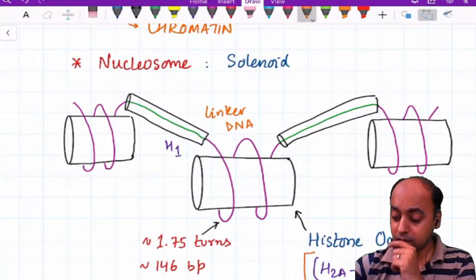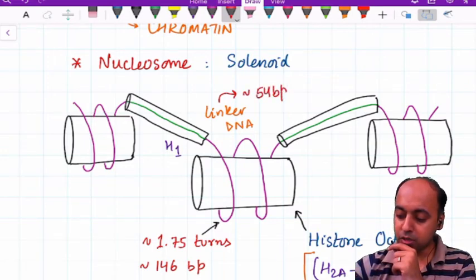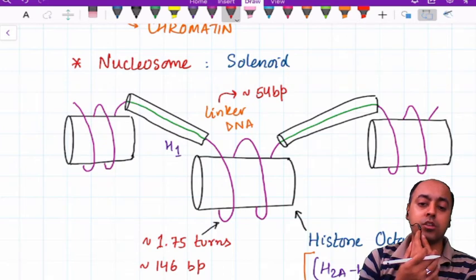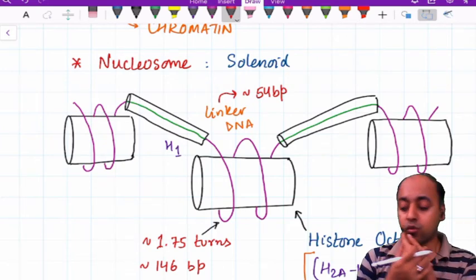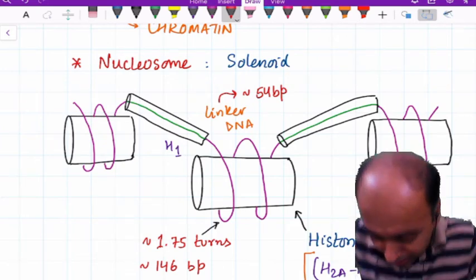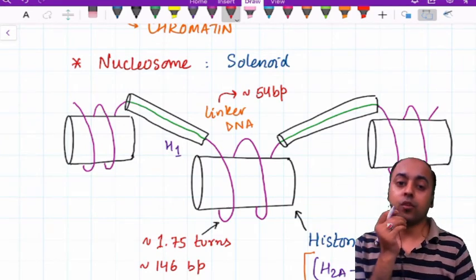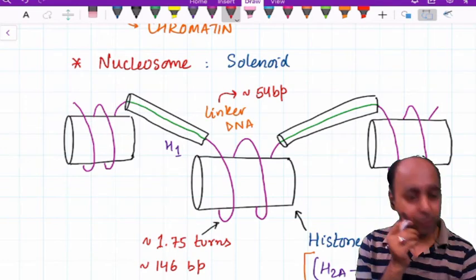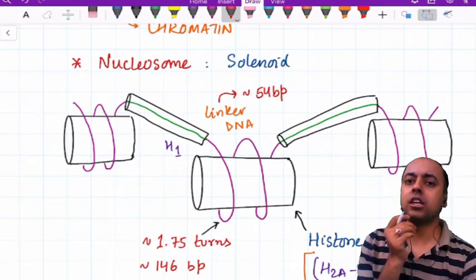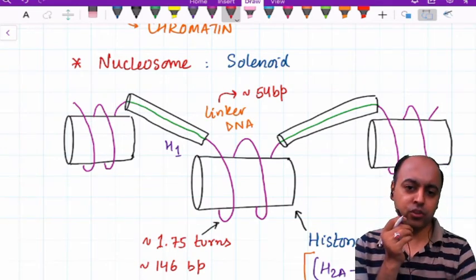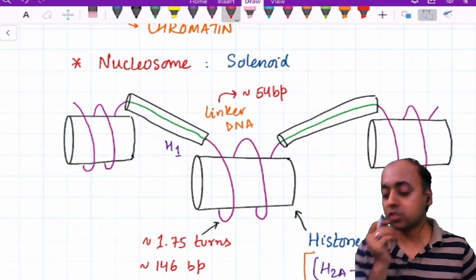Alright, the linker DNA is said to contain approximately 54 base pairs. Now here I'll tell you a very important concept regarding the cellular turnover, which can be asked sometimes from you in the viva, and it will definitely be useful for you next year when you go to the pathology section.